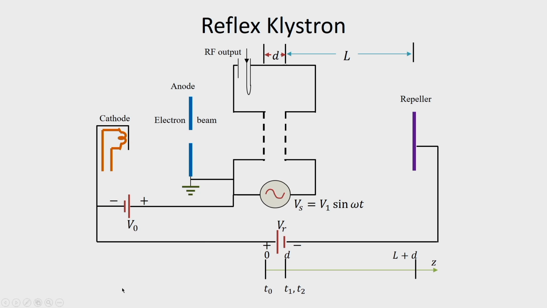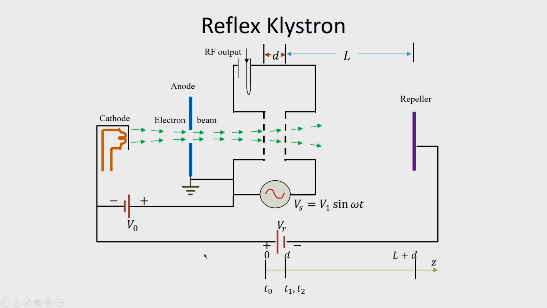So, when the electrons are emitted by the cathode, they are first accelerated by the anode, and then when they pass through the cavity grids, the RF signal present in the cavity produces velocity modulation of the electrons.